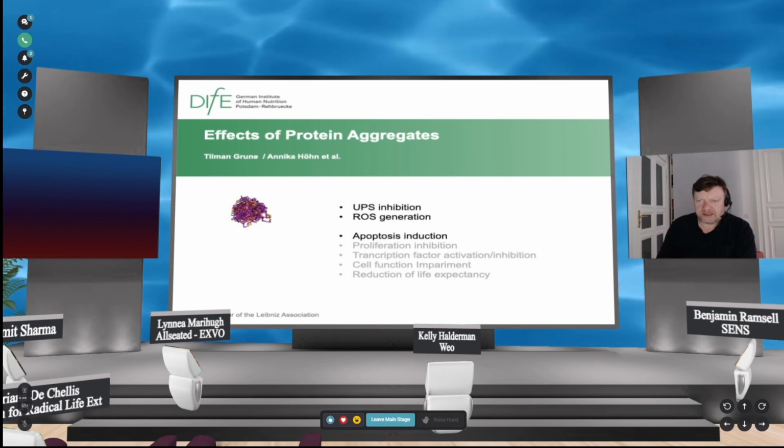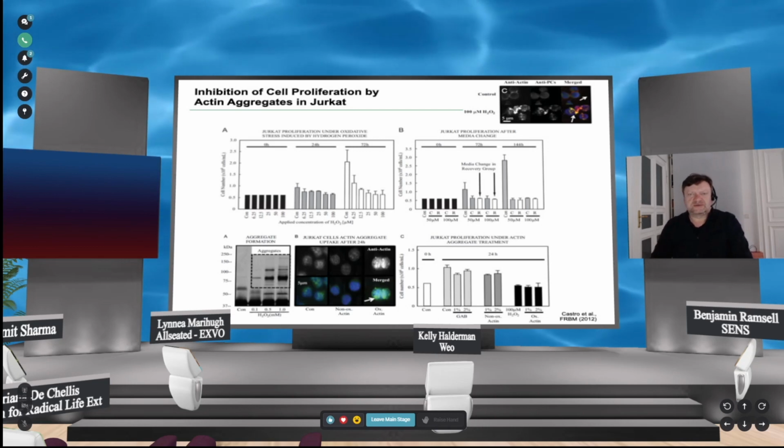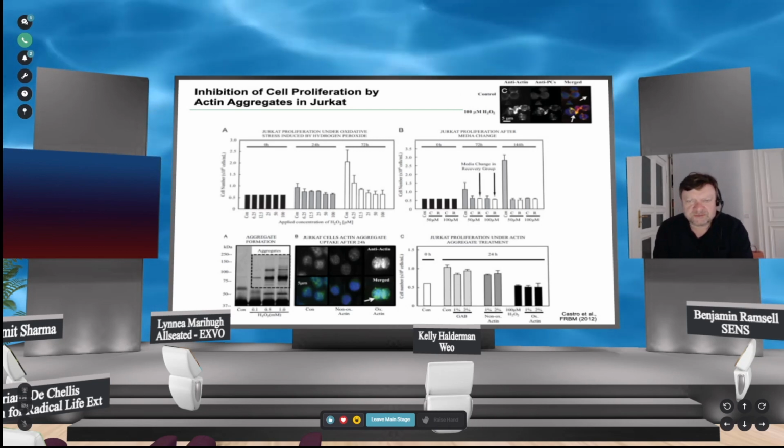And in another study, Jose Castro, who is a Portuguese fellow in my lab, a postdoc, now back in Portugal, basically has shown in experiments that protein aggregates, he used a special form like actin aggregates in an immune cell model, Jurkat cells, just the presence of protein aggregates blocks the cell proliferation.